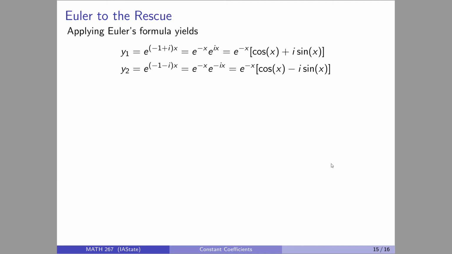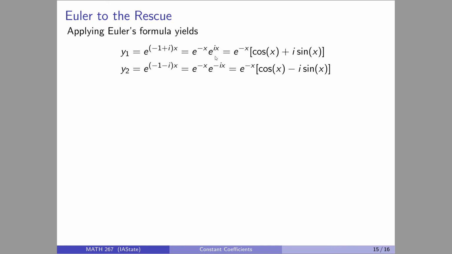So if I appeal to Euler's formula, e to the (-1 plus i) times x, right? Like I said, the complex exponential satisfies all the things that the regular exponential does. So we can pull this apart into e to the -x times e to the ix. So distribute the i, you've got -x plus ix. E to a sum is still going to be the product of the bases to the individual pieces.